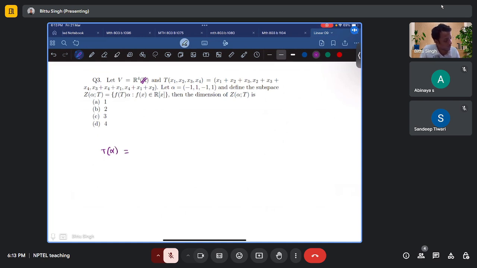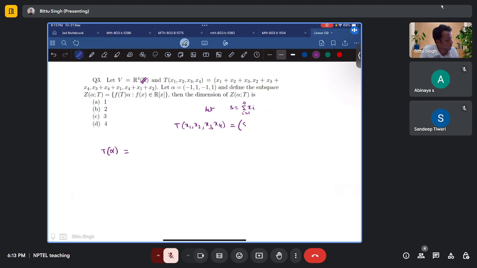So by definition, we can see that T of (x1, x2, x3, x4) is defined like this. The first one is x1 plus x2 plus x3. So let me put the sum. Let s be the sum of xi, i equal to 1 to 4.